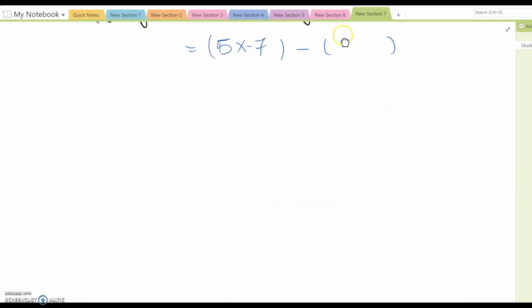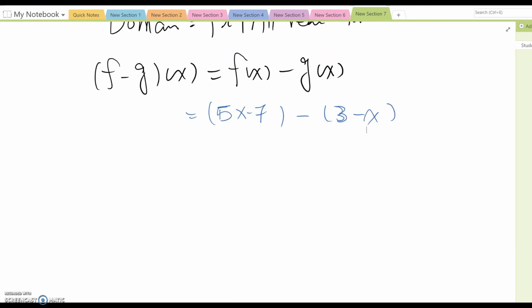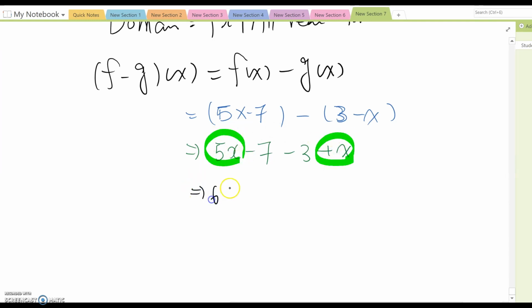Now you simplify, which means open the parentheses, then it becomes 5x minus 7 minus 3 plus x. Then combine like terms, which is 6x, and then minus 7 minus 3 becomes minus 10.